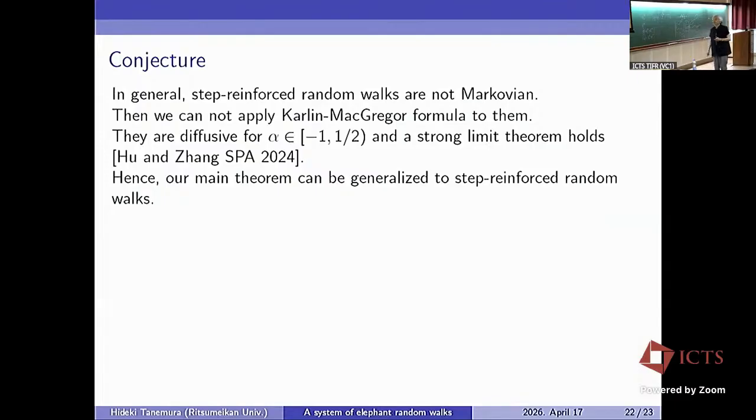I have not checked yet, because we cannot carry over the Maclaurin formula, but a strong limit theorem exists. Just using the strong limit theorem, we can get the final result, I hope. And there is another interesting problem, and it is better to consider the relation to random matrix theory in some way. That's all. Thank you for your attention.